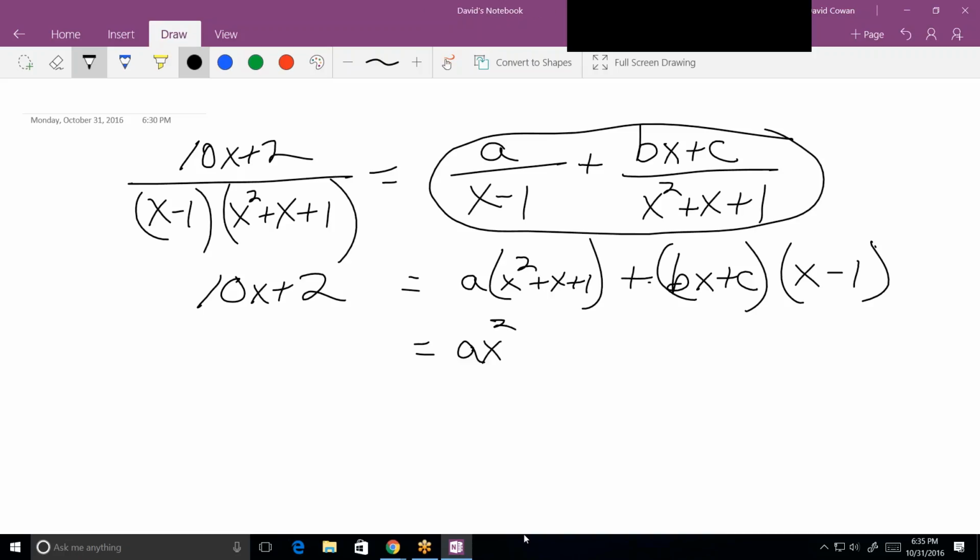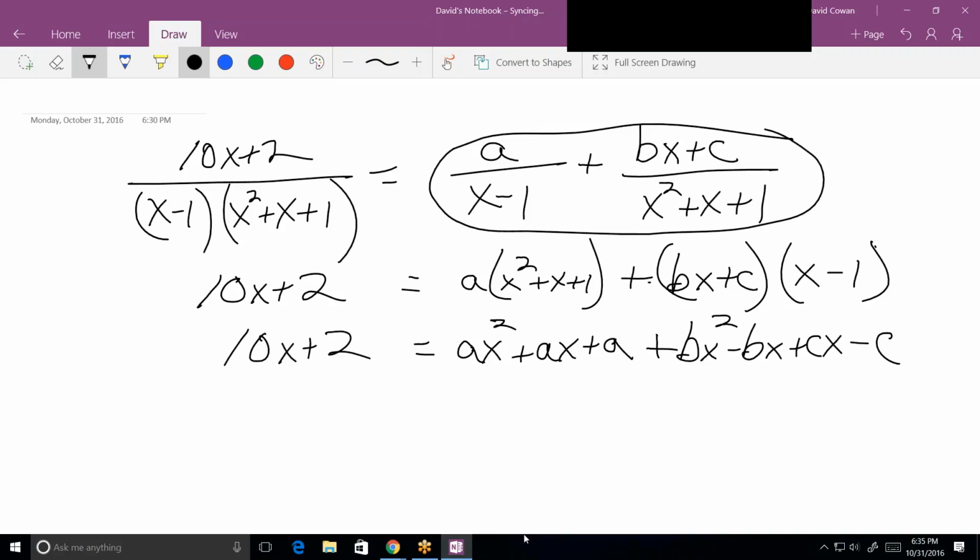Ax squared plus ax plus a plus bx squared minus bx plus cx minus c. All of that has to equal 10x plus 2. And what's the next step?